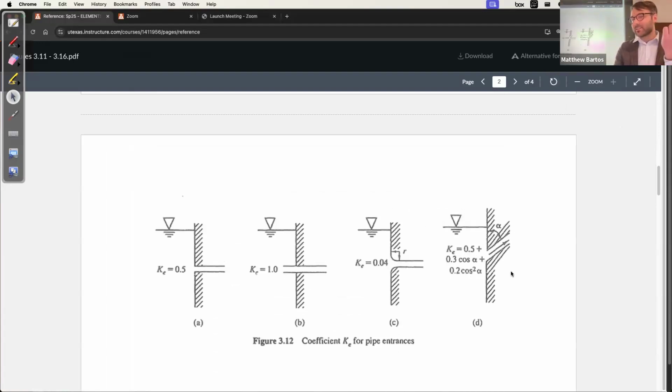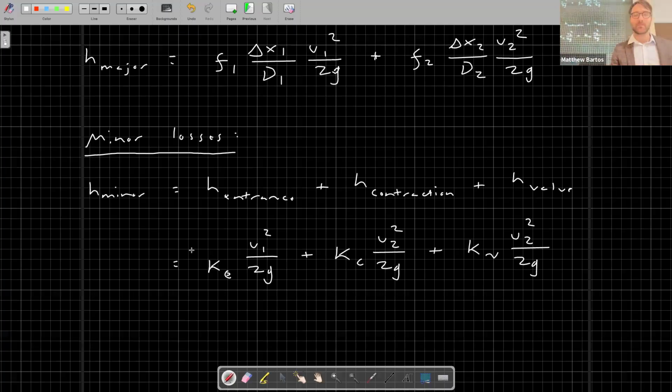You might think that it's this one here, but it turns out that the angle is just very small. So I'm going to go ahead and use this first option here. KE is equal to 0.5 for a sharp edged entrance into the pipe. If someone wants to check what the angle is, you can go ahead and calculate that and then tell me, but I'm pretty sure the angle is going to be basically negligible here. So KE is equal to about 0.5.